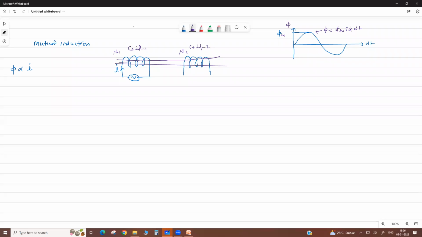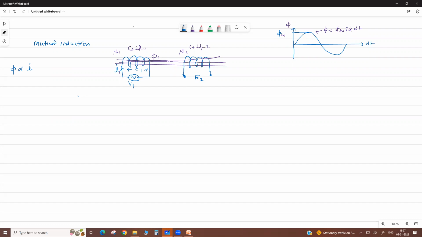See the flux produced by this coil, suppose phi 1 by current I1, then it links with coil 2 also. If we measure the potential along this conductor with a galvanometer, there is an induced voltage E2. There is a self-induced EMF E1 in the primary, this is V1, and here it is E2.